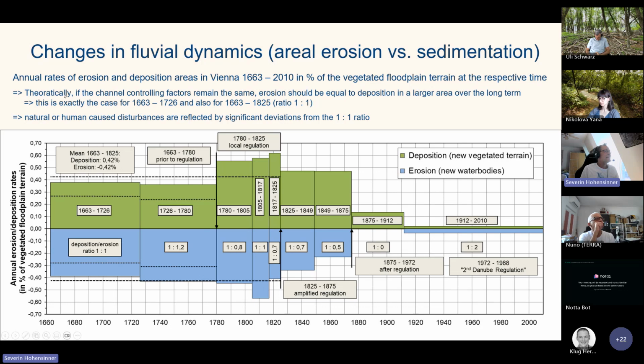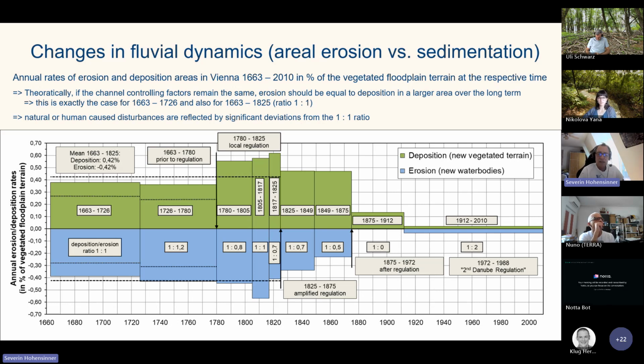Yeah, and theoretically, if the channel controlling factors, based on climate, based on land cover and the catchment and so on, remain the same, the erosion should be equal to the deposition if you look on a larger area over a longer time span.